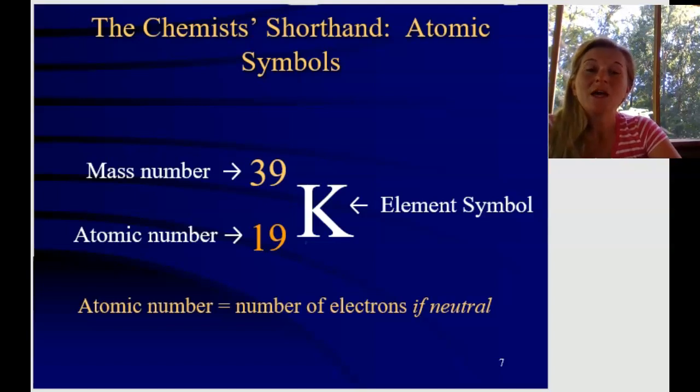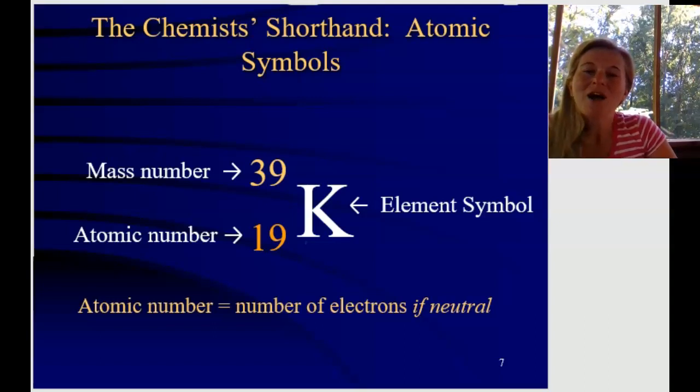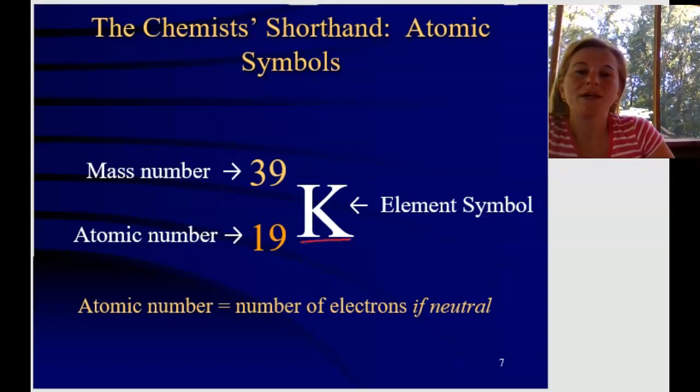All right, let's refresh our memory of the chemist's shorthand. Not very complicated here, but something some of you might not have thought about in a while. So when we write out atomic symbols, we are going to put the symbol of the element from the periodic table down first in a capital letter.